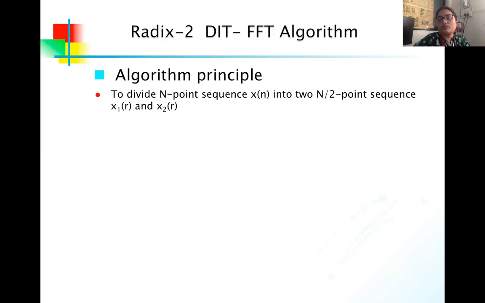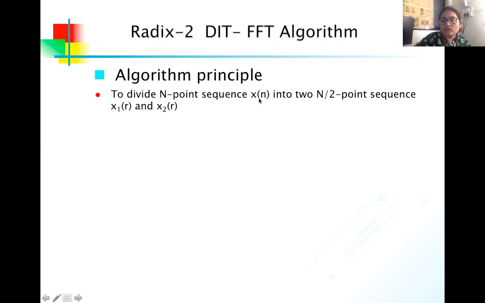We divide this sequence into 2 parts. The first N by 2 point part is denoted with x1 of r, and the second N by 2 point part is denoted with x2 of r.